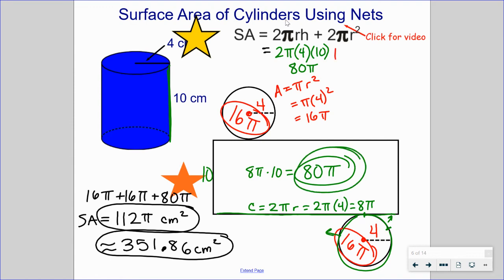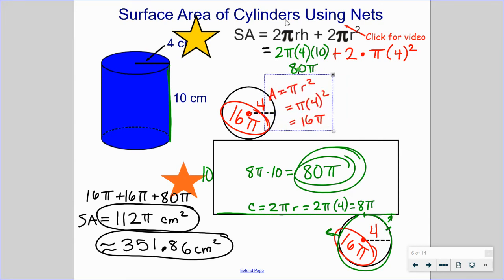Meanwhile, we have not 1 but 2 circles, each with the area of pi times its radius of 4 squared. I'm going to get rid of this, make it small. So naturally, 4 times 4, 16, double that, 32 pi units. But of course, if we want to find the total surface area, we would add those together.